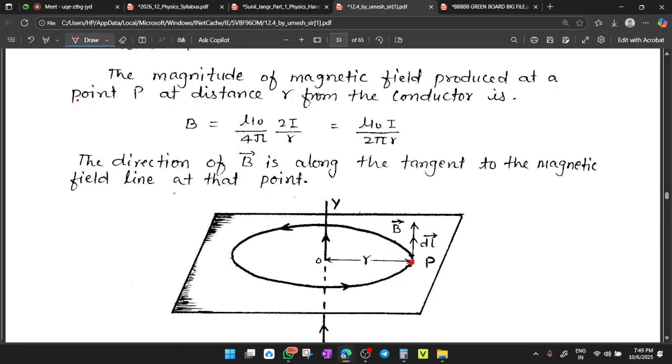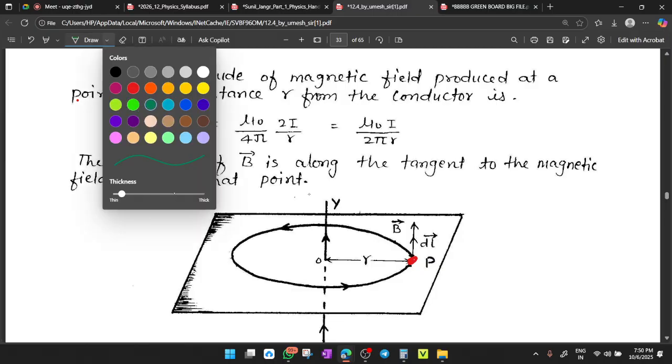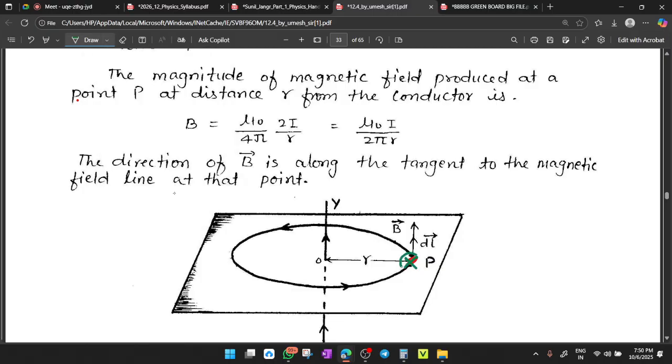The direction of the magnetic field here will be a cross vector, inside the plane of the paper, and in the same direction the dl vector, the length component vector, will be moving.